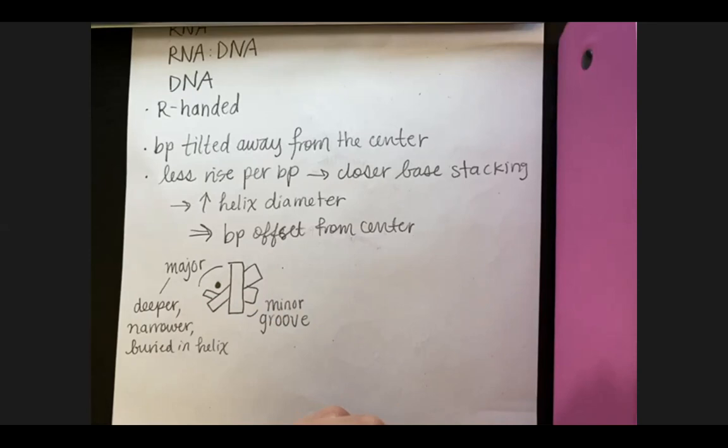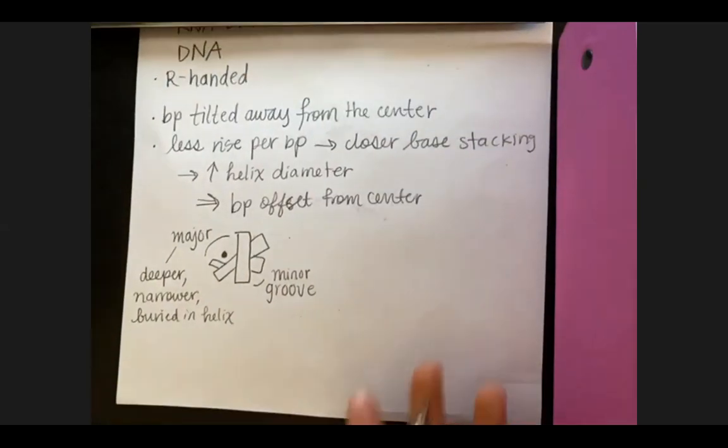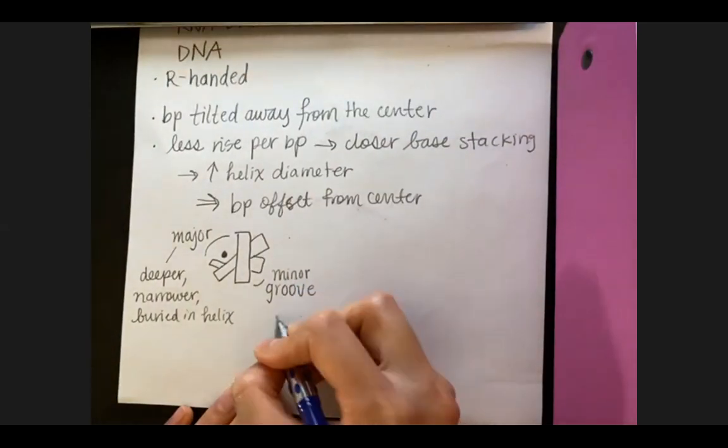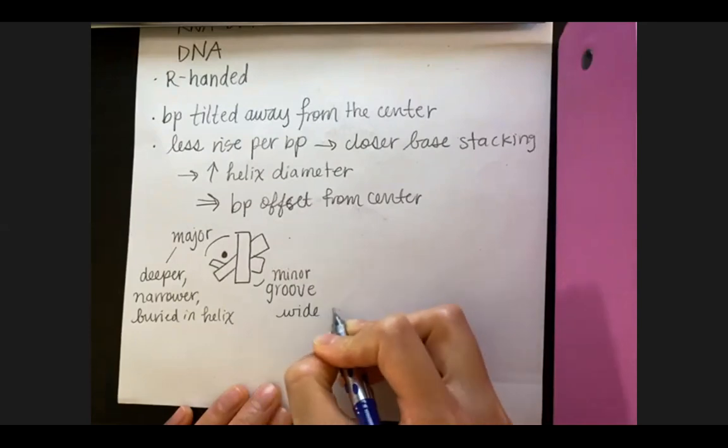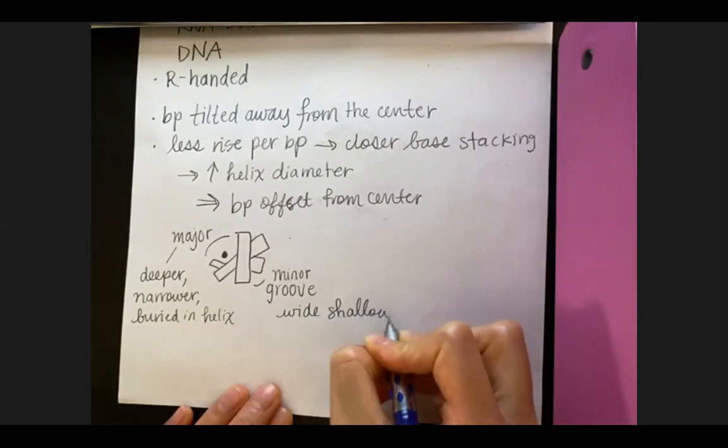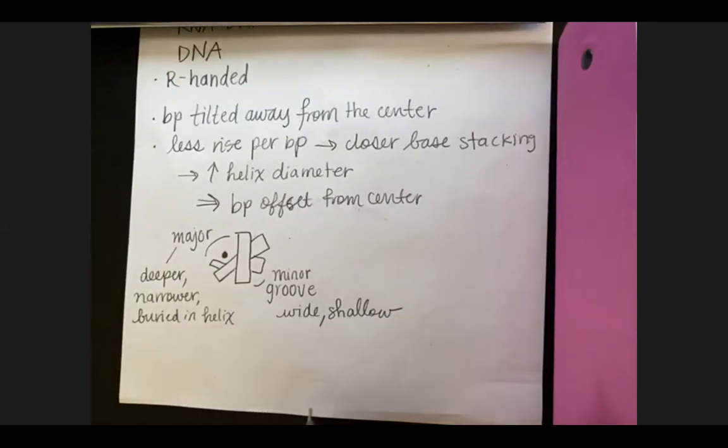And so this means that it's going to be less accessible than the B-form major groove, and there's a lot of consequences for that. And then for the minor groove, it's wide and shallow. So that's mostly what I have for A-form DNA.